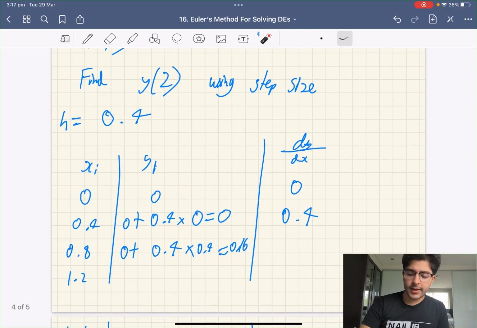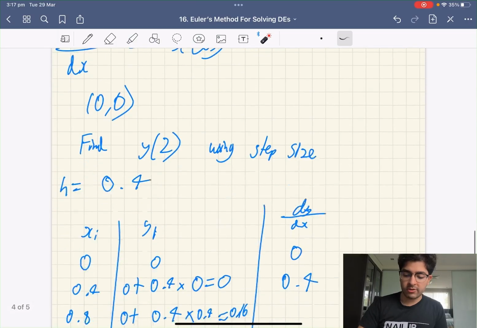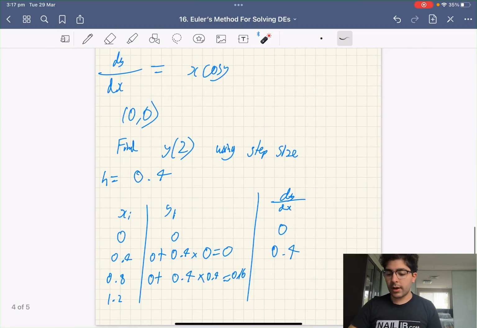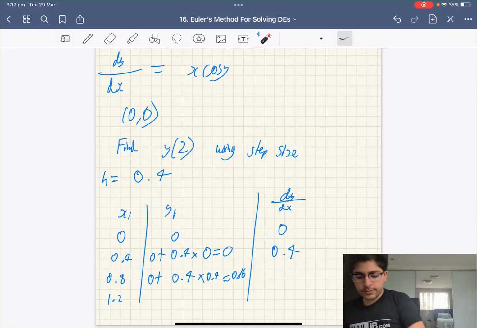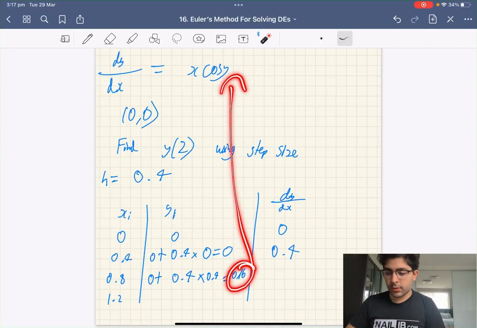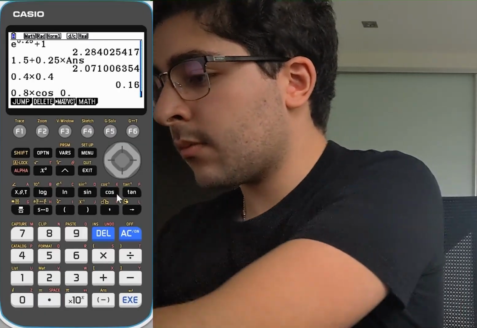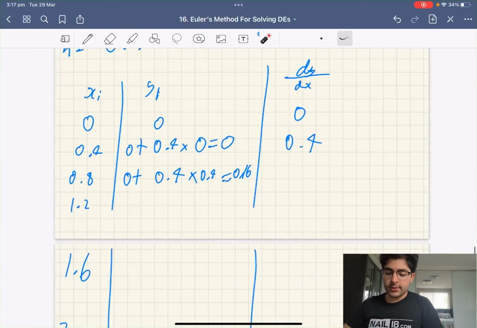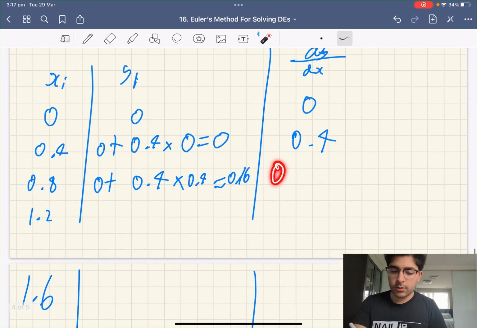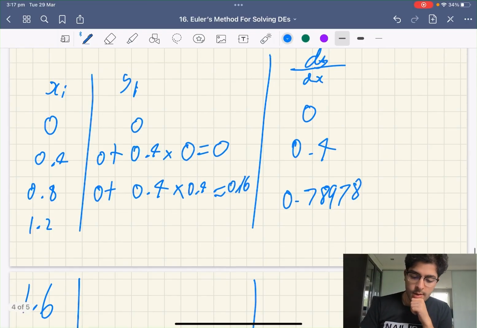Now to do dy on dx, we have to sub these points into the equation. So dy on dx is 0.8 times cosine 0.16. And it's probably not going to be a neat number. It is not. So it's going to be 0.78978. Now let's go to 1.2.